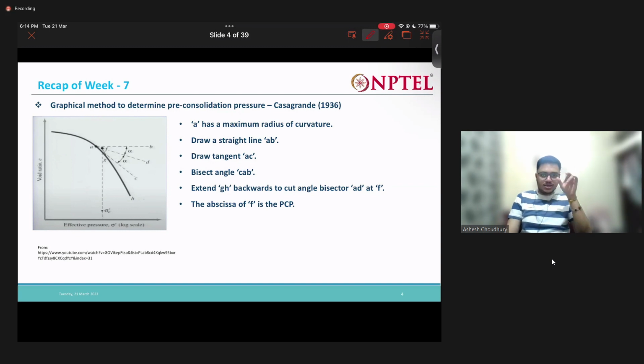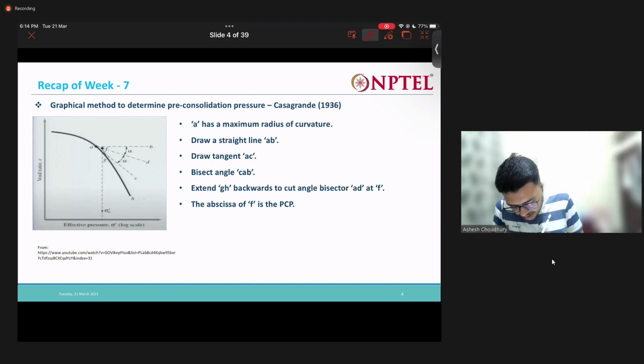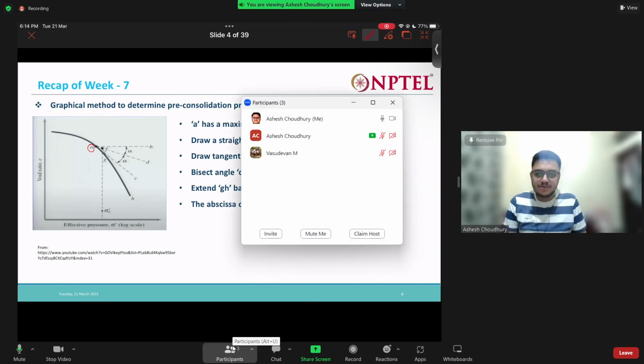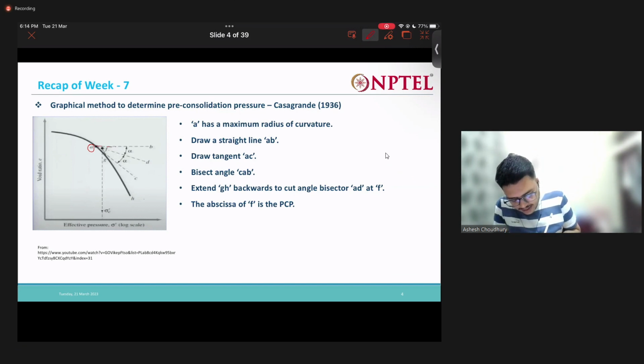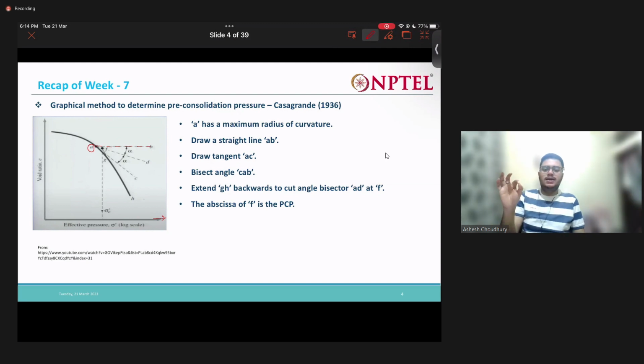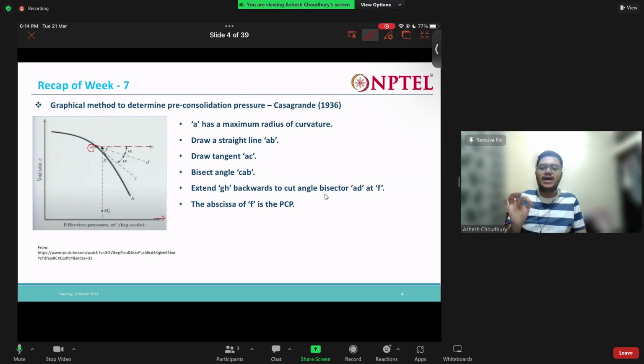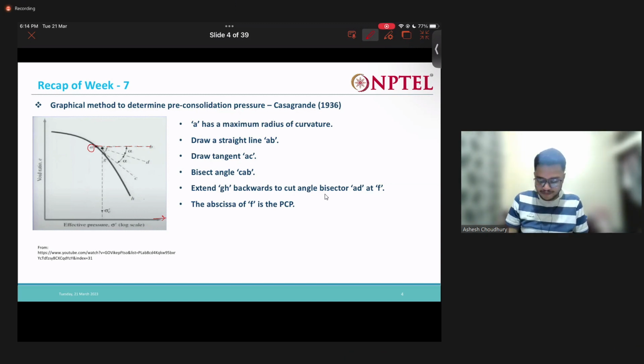Just visually, you have to identify that point. Here we have identified point A as having the maximum radius of curvature.